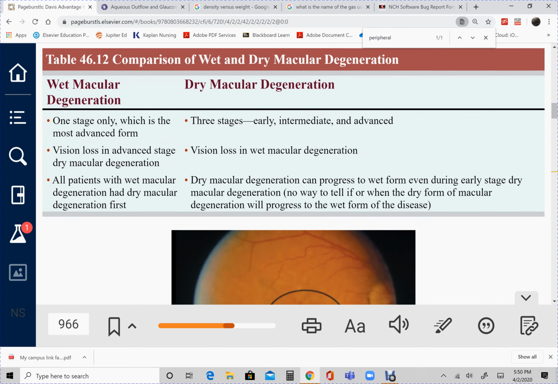The mechanism is different. I already mentioned that dry macular degeneration is simply degeneration, aging of the macula, whereas the wet type doesn't only occur in advanced stage. It can also occur in younger people.